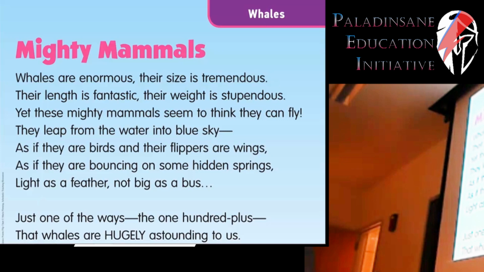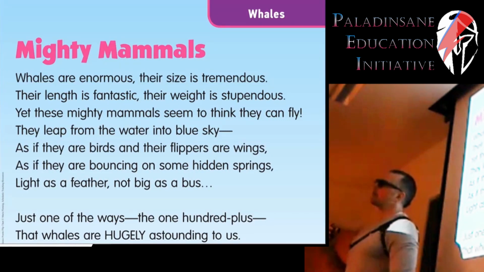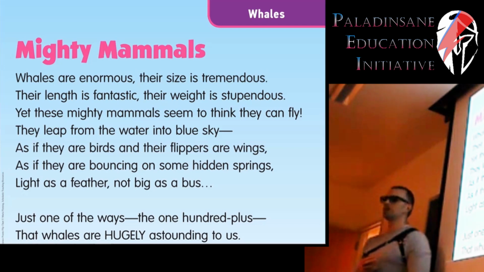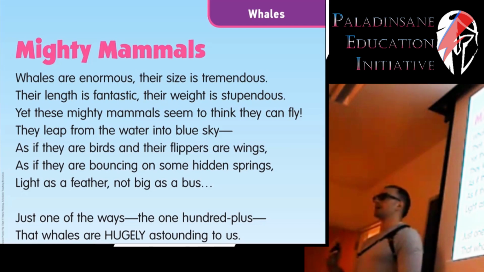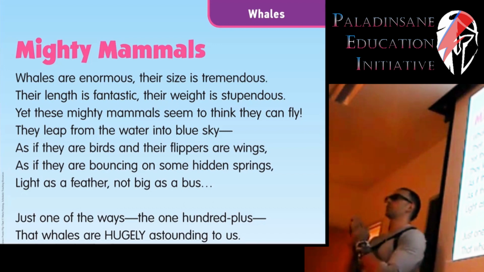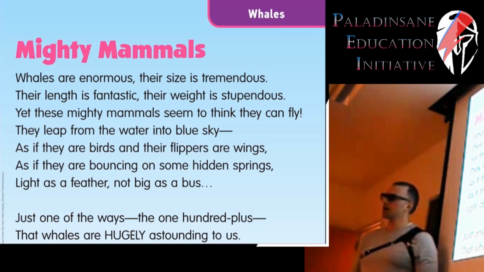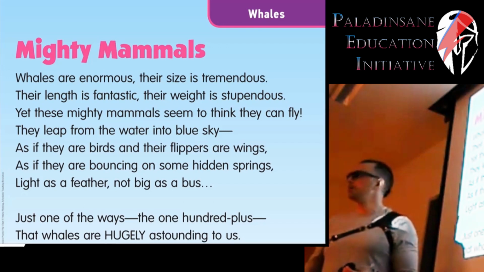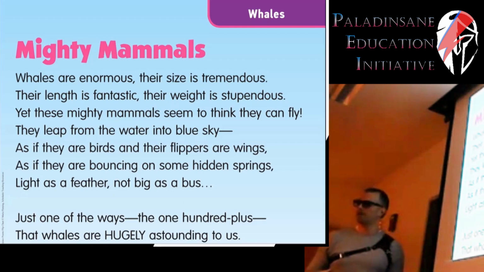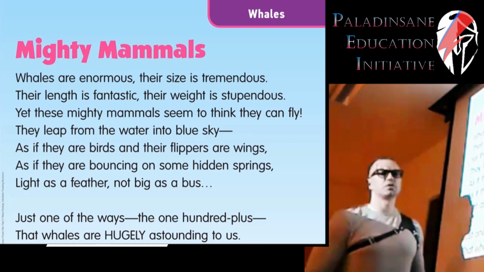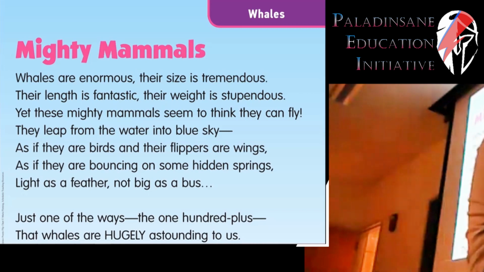Whales are enormous, their size is tremendous, their length is fantastic, their weight is stupendous. So the question is, are these learning tools actually effective? And specifically, do they match up with the way that learning is assessed? Again, we'll take a look at that psychology question and see how we need more complicated versions of the experimental design in order to answer those important questions.